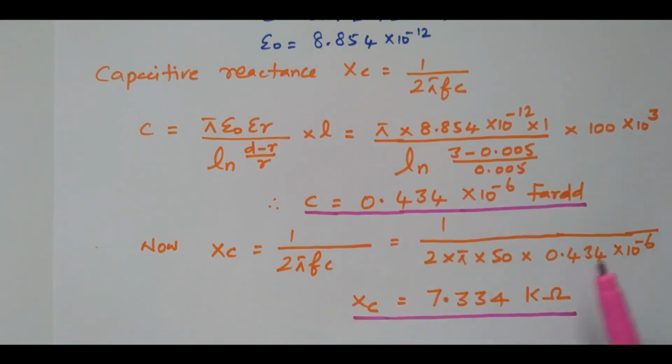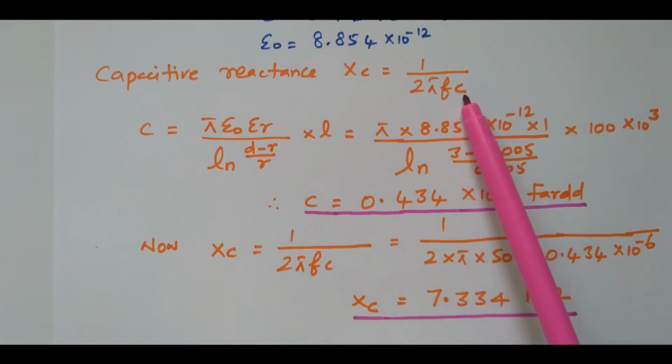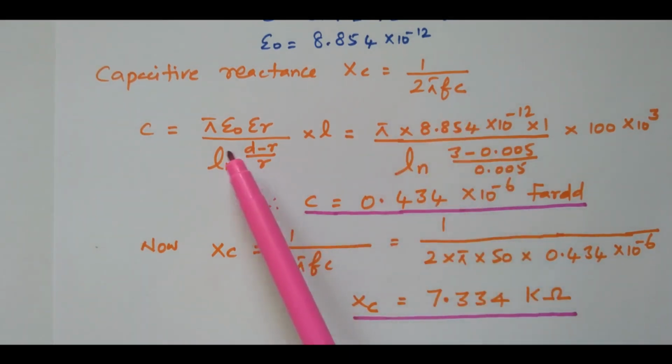After simplifying, the capacitive reactance Xc equals 7.334 kilo ohm. Because the reactance is given in ohm, we write it as kilo ohm, that is 10 to the power 3. So for calculating capacitive reactance, we first calculated the capacitance, and from that we calculated the capacitive reactance.